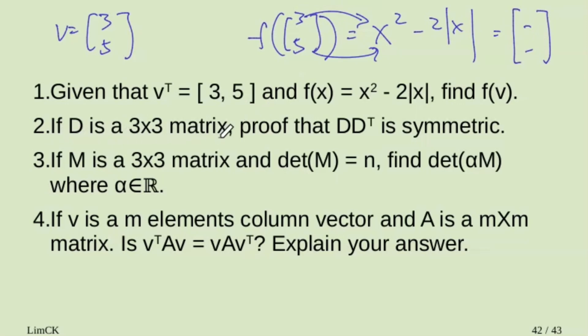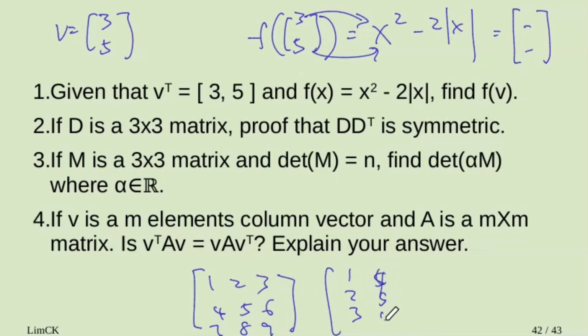Question 2. If D is a 3 by 3 matrix, prove that D transpose is symmetric. I've seen some students trying to do so. They just assume that the 3 by 3 matrix is, let's say, 1 2 3, 4 5 6, 7 8 9, and then they find the D transpose is 1 2 3 here, 4 5 6, and so on.